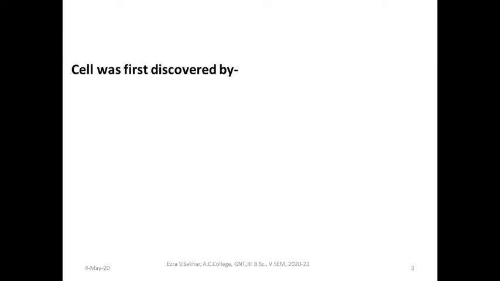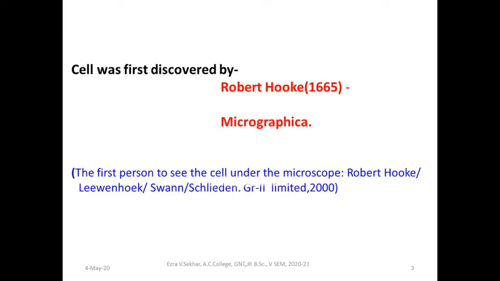At first, the cell was discovered by a British scientist called Robert Hooke in the year 1665. By describing the cell, he wrote a book called Micrographia.